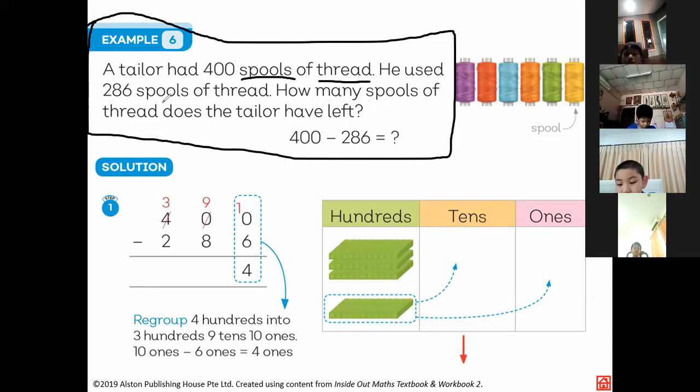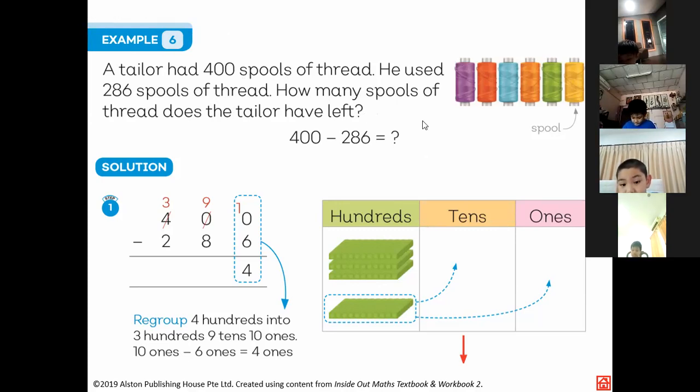He used 286 spoons of thread. How many spoons of thread does the Tailor. tailor have left? Okay, so I'm gonna read one more time.